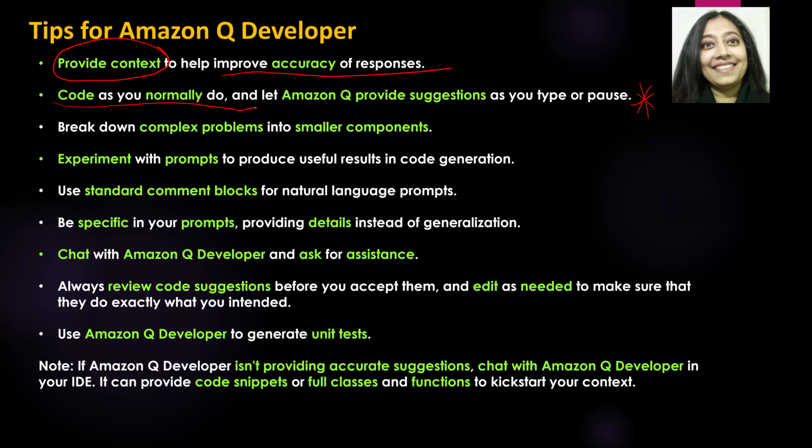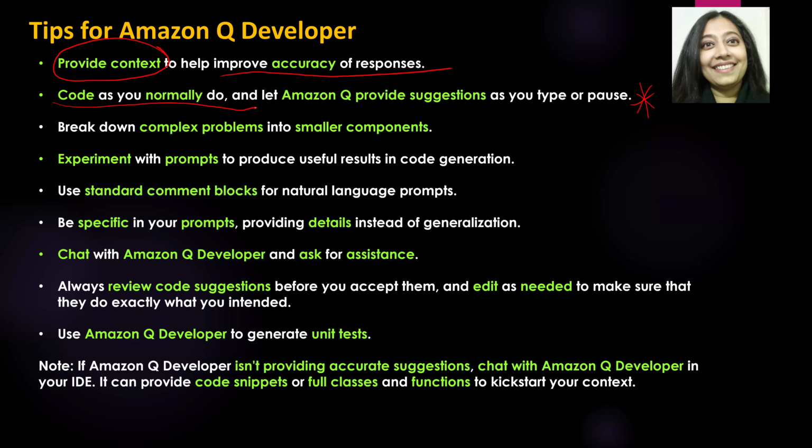Yes, when you're telling it to generate a class or a function, it will do that. But for that also you have to review it. So you still have to code. It is not something that is going to replace you as a developer. No, it is going to help you while you're coding. It is going to generate some code for you. It is going to improve your code. But you are still the driver. You still have to code and you still have to do your work.